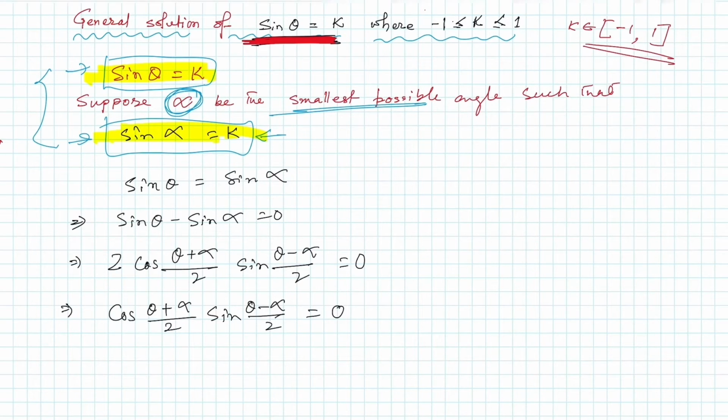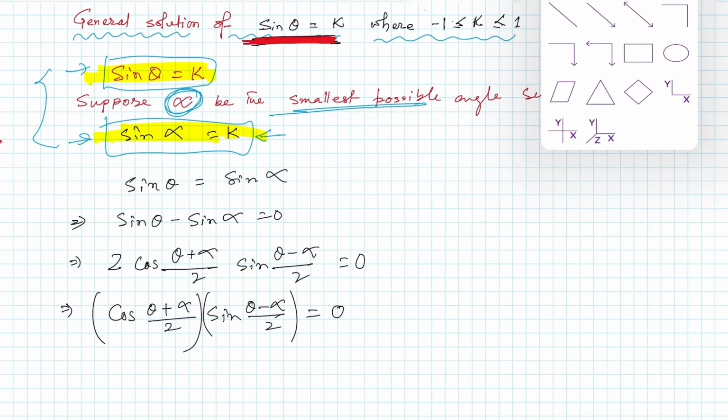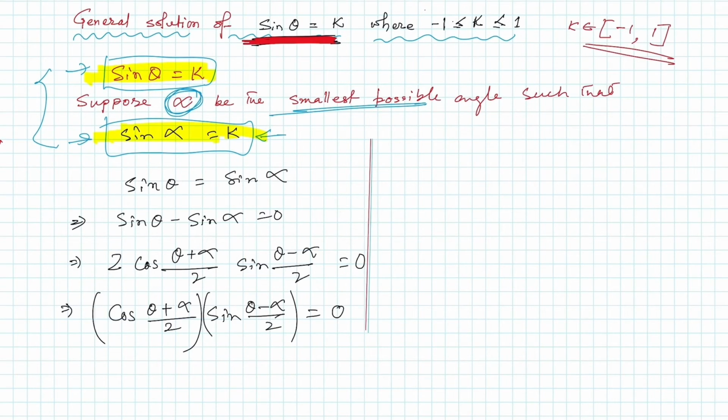Now here you see, if the product of these two is equal to 0, then either any one of them must be 0 or both of them must be 0. So we can write cos of (theta plus alpha)/2 is equal to 0, or sine of (theta minus alpha)/2 is equal to 0.